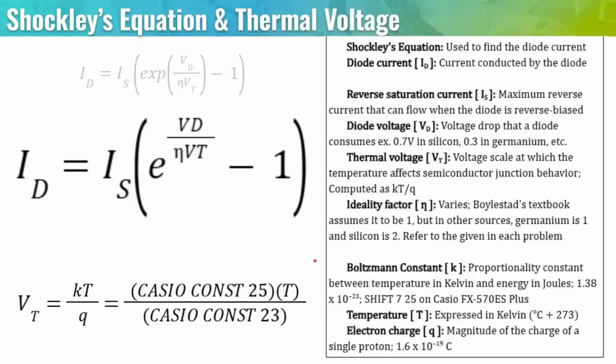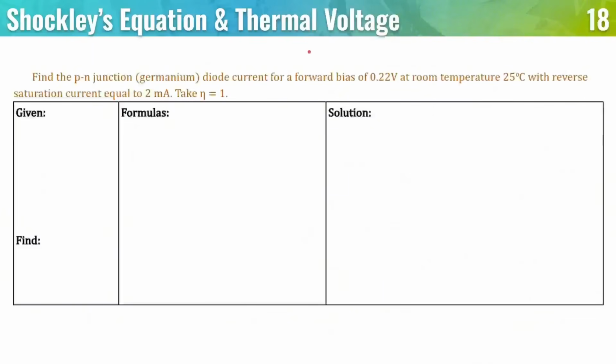For the purpose of this video, I'm going to use the values only up to two decimal places for now, and then we're going to see what happens if we use a different value. So first, find the PN junction current of a germanium diode for a forward bias of 0.22 volts at room temperature, 25 degrees Celsius, with reverse saturation current equal to 2 milliamperes.